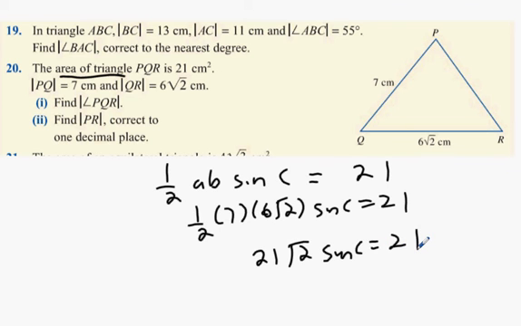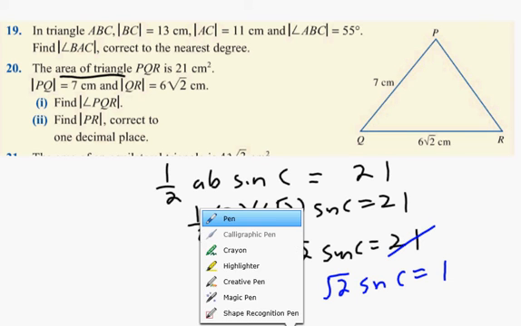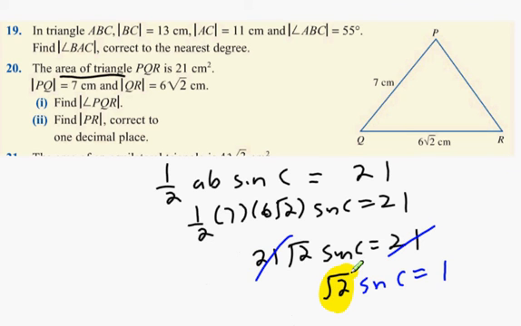What cancels both sides? Root 2 sine C equals 1. Where does that root 2 go? Underneath. So what am I going to get? 1 over root 2. Sine C equals 1 over root 2.